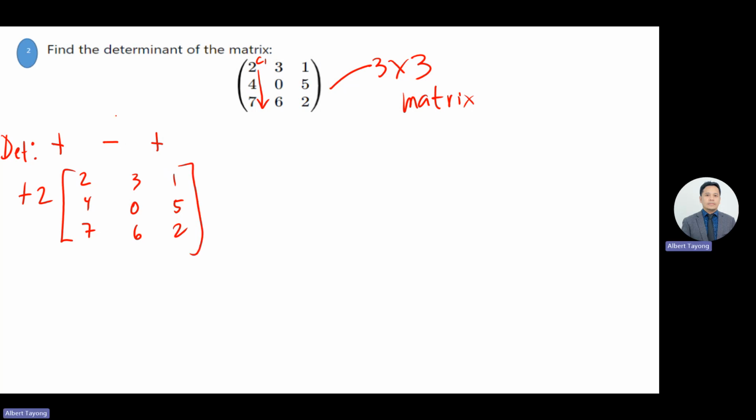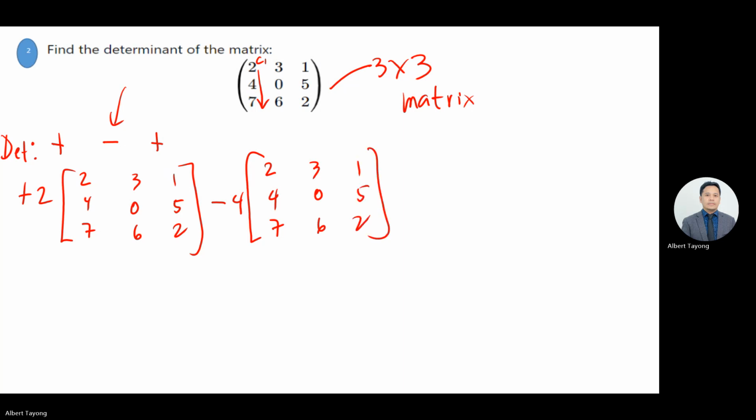And the second is negative, so it will be negative 4. Then we copy again our matrix. Plus 7, because we have plus here. The last element in that column, we copy again our matrix.